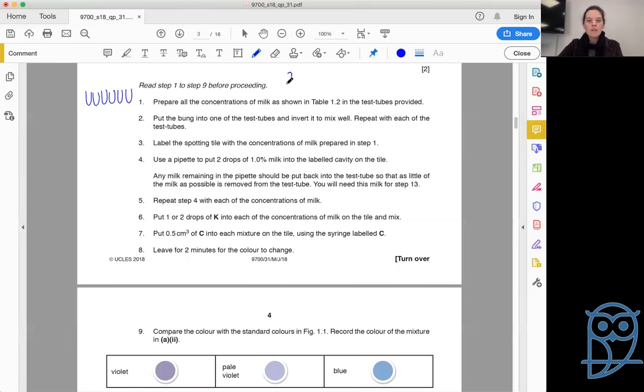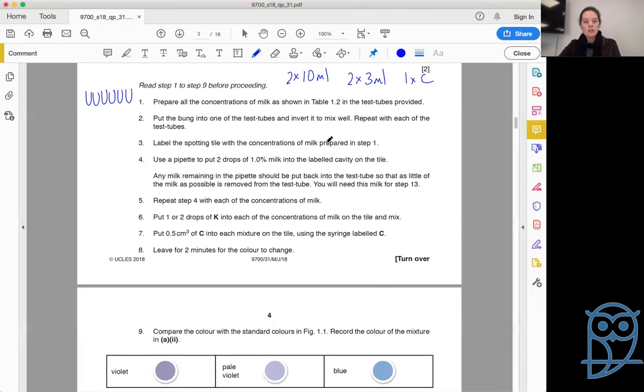Remember we had 2 10 ml and 2 3 ml and a 1 by C. So you're starting to think now in your head, which syringes would I use for this? Put the bung into one of the test tubes and invert it to mix well. Repeat with each of the test tubes, remembering to clean that bung in between.